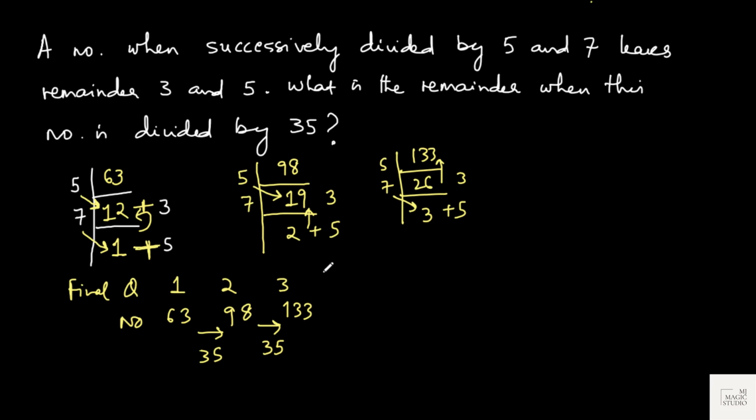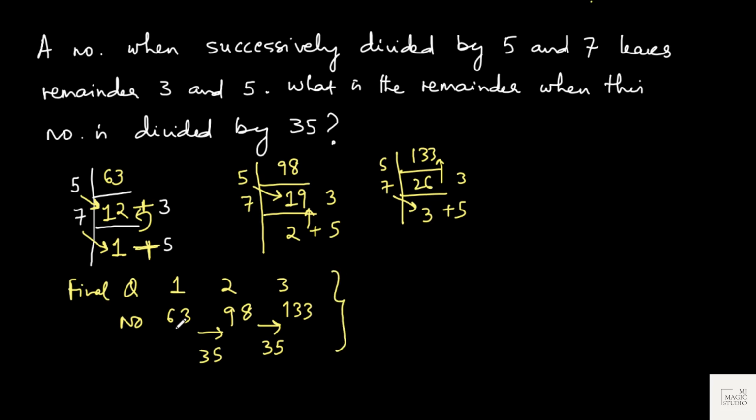Now different kinds of questions can be built around it. What is the total of the first 10 smallest numbers which when divided by 5 and 7 leave successive remainders 3 and 5? We can get an AP series and then we can find it.